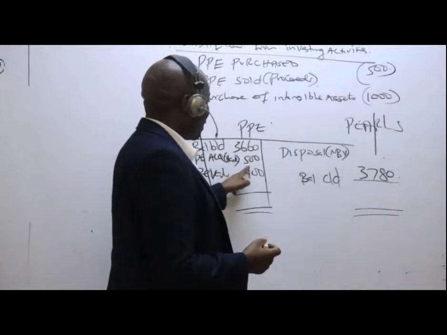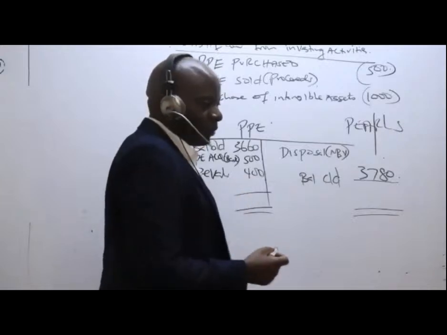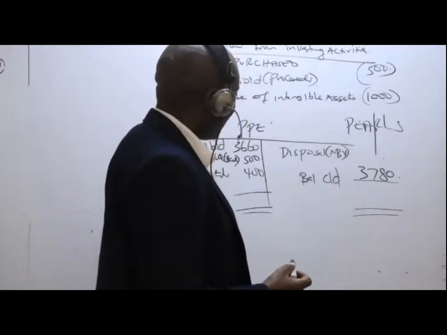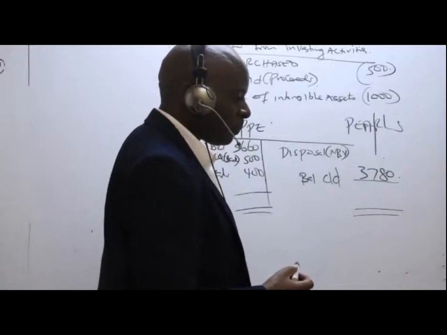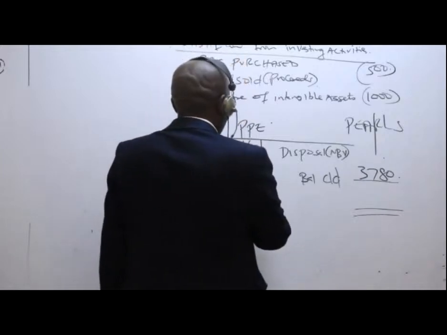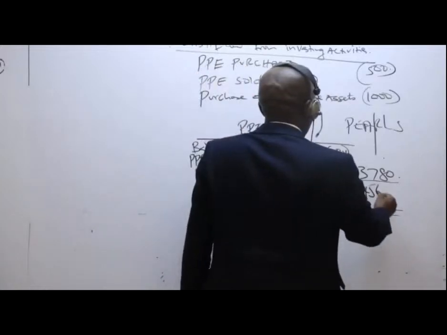But 660 plus 500 plus 400 gives me what figure? Somebody, 4560, yeah? 4560. And then this, of course, is 4560.